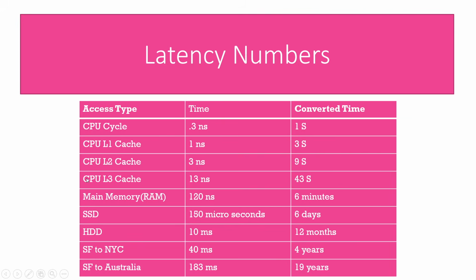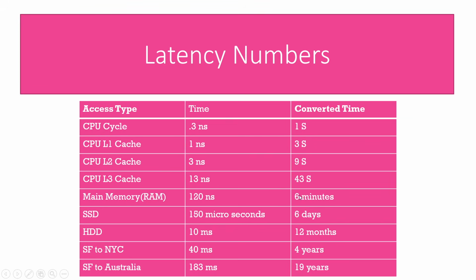So this is like when you're running calculations, your CPU can cache data that it needs, and it can perform those calculations very fast. Once you have to start reaching out to other areas to get the data you need, things start getting a lot slower. So RAM, or main memory, this would be stuff like if you've heard about caching.